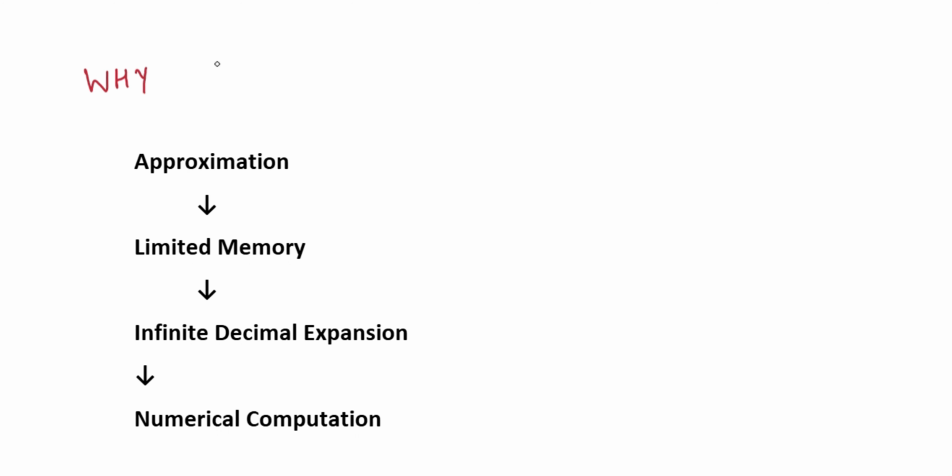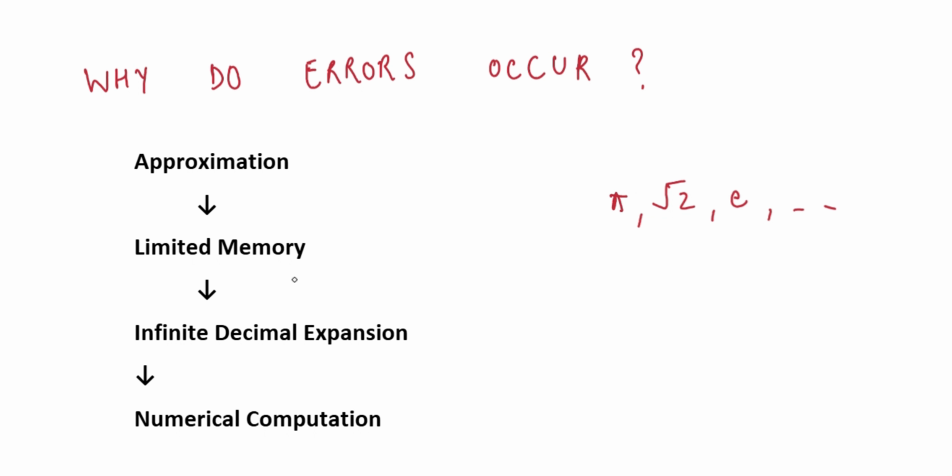Now, the question is, why do errors occur? There are several reasons. Firstly, many mathematical numbers such as pi, root 2 and e have infinitely many decimal places. Secondly, computers have limited memory. They can't store infinitely many digits.